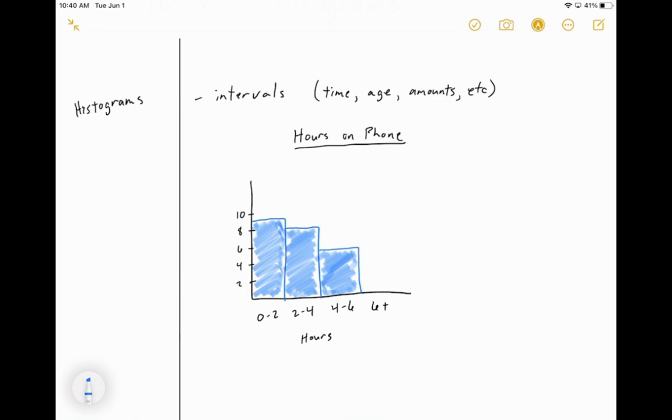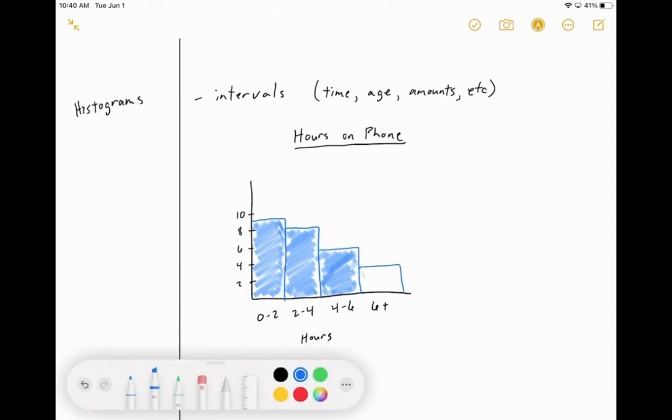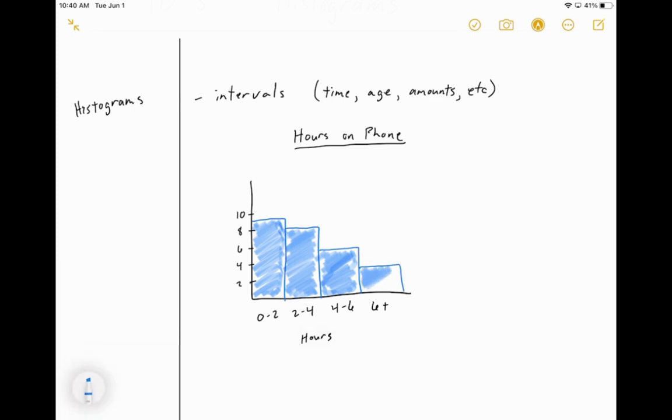And 6 plus, I had 4 people. All right. So we look at this histogram, this graph, and we say, okay, what information can we gather from this graph?